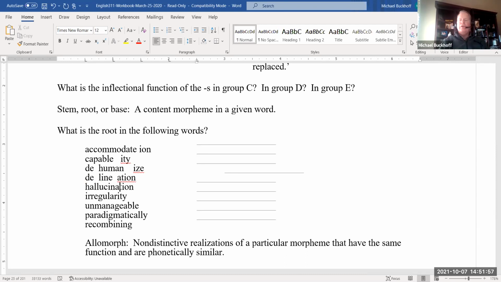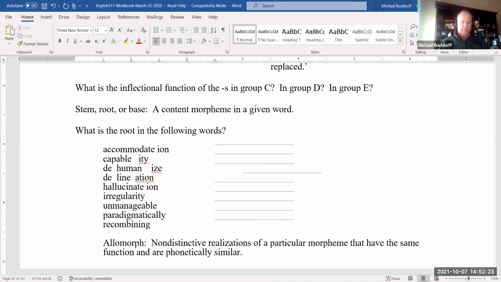How about hallucination? Two parts. Hallucinate. Good. So hallucinate is a verb, and then hallucination is a noun. Irregularity. Regular. Good.